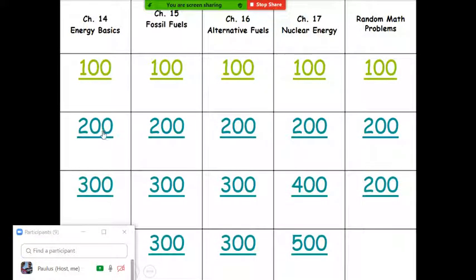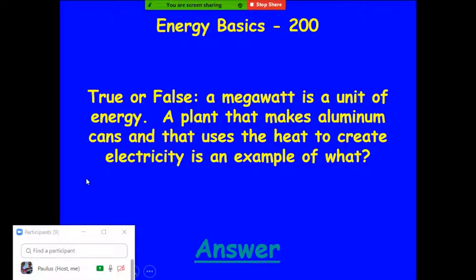All right, here we go. True or false? A megawatt is a unit of energy.